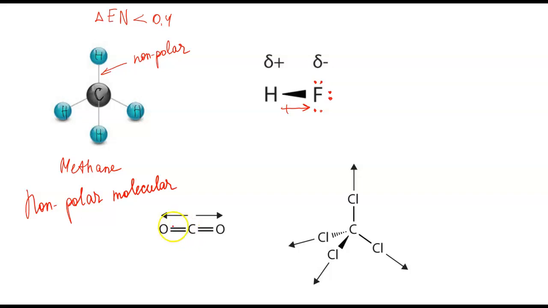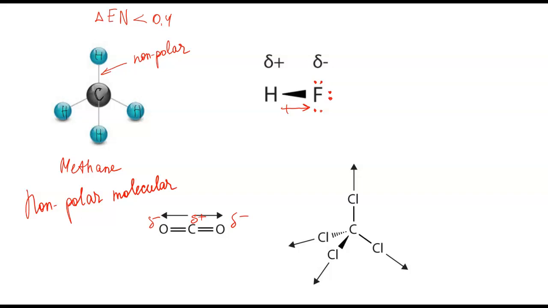The next one, CO2, carbon dioxide. It has polar bonds here, but the molecule is, oh, I'm sorry. It has 2 slightly negative oxygens and 1 delta positive carbon.